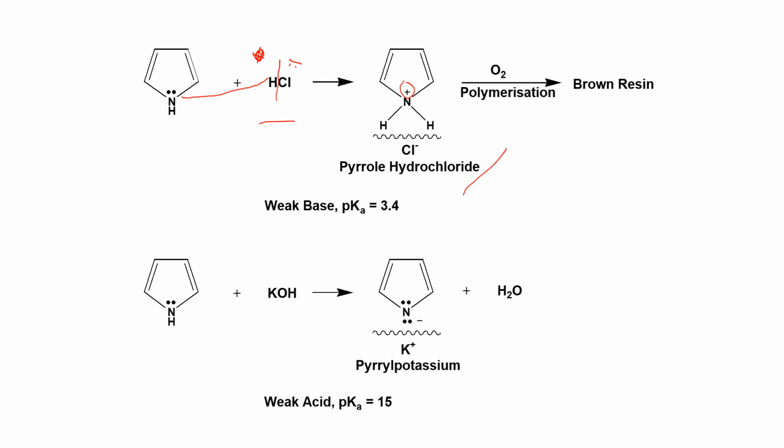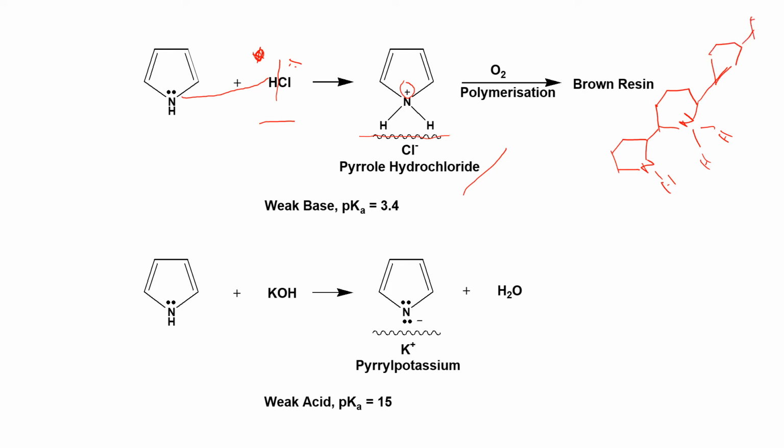So after this salt formation, because the nitrogen contains a positive charge, this portion can act as an electrophile and can attack another pyrrole. So after attacking another pyrrole as an electrophile, this portion can do electrophilic substitution like this, and this type of chain elongation will occur with another molecule of intact pyrrole.